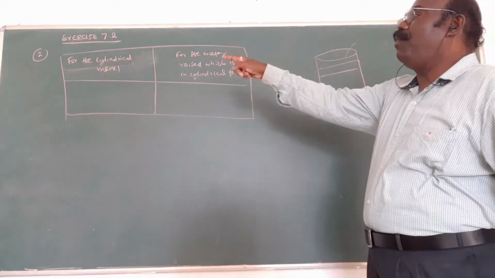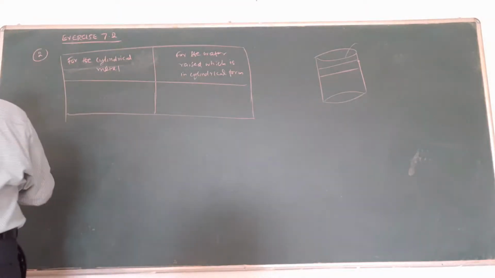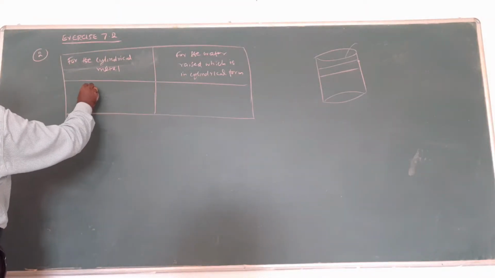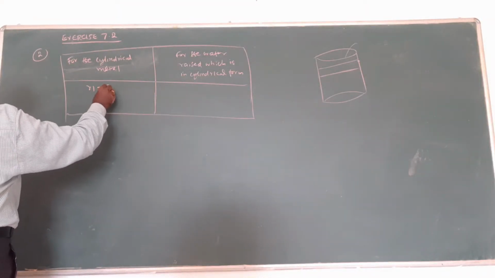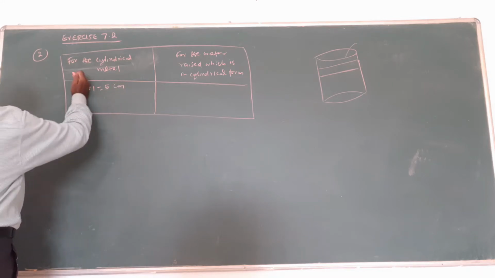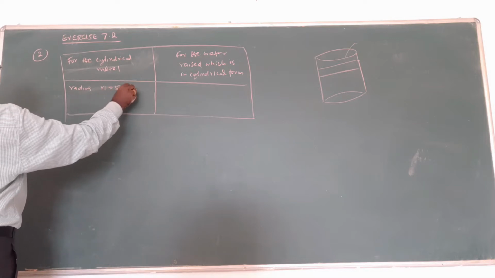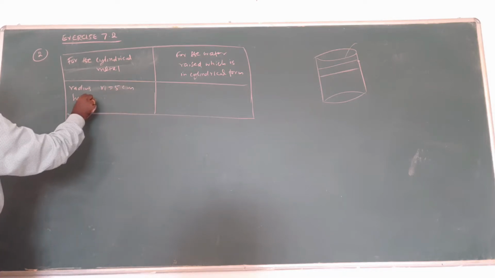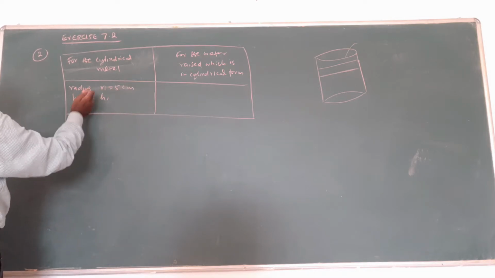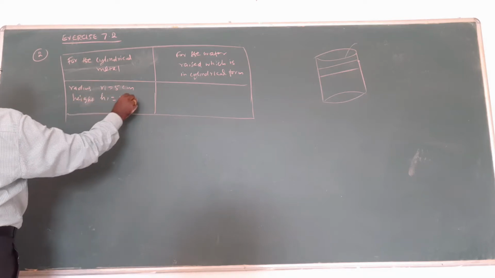For the cylindrical metal, the radius is clearly given, R1 equals 5 cm, and the height H1 equals 4 cm.